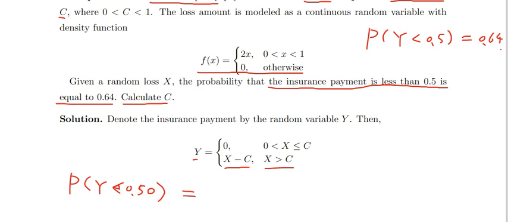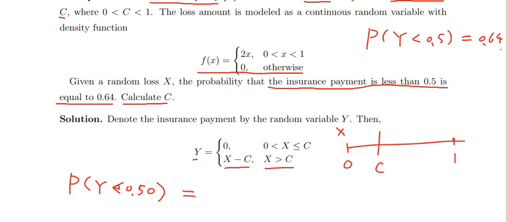Let's say x, the damage, is from 0 to 1, and the density function we already know is 2x for x from 0 to 1. So we set the deductible c here.